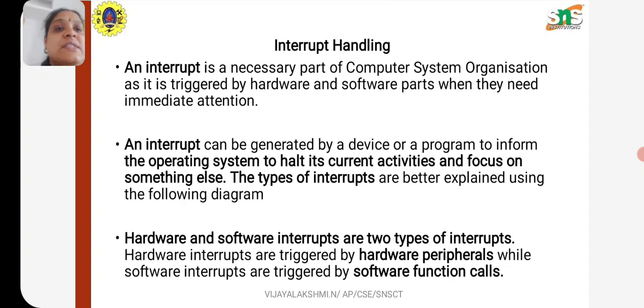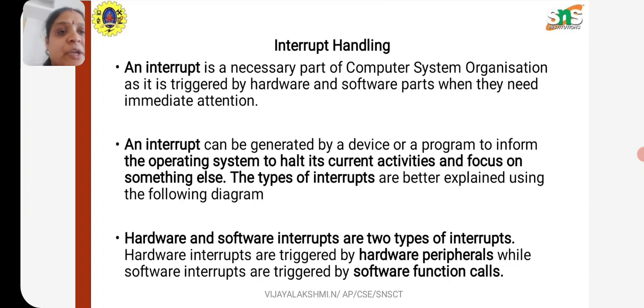It is a necessary part of computer system organization, as it is triggered by hardware and software parts when they need immediate attention. Or in other words, an interrupt can be generated by a device or a program to inform the OS to halt its current activities and focus on something else. So that's what I said, it's just an interruption made to the operating system.